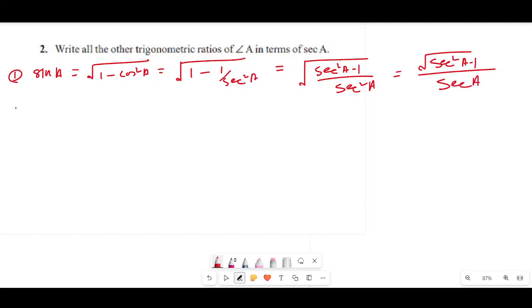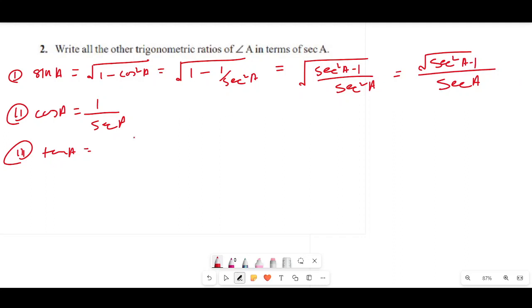Now the next ratio is cos A. Because this is the reciprocal of sec A, we can write it directly. Now the third part, for tan A, do you know there are two ways to write sin upon cos A? We can write the same thing, but if we write the same thing, sec A will cancel out.